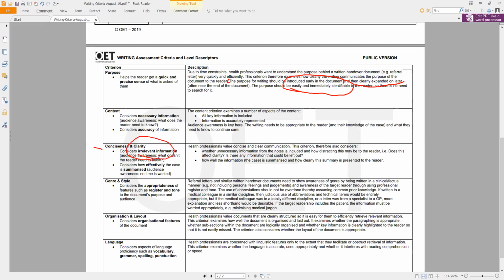Irrelevant information. What doesn't the audience or reader really need to know? Is there any information that could be left out? Well, I think in that letter, yes, we could leave out 1 or 2 bits of information that don't really help me, the healthcare professional, to do my job.